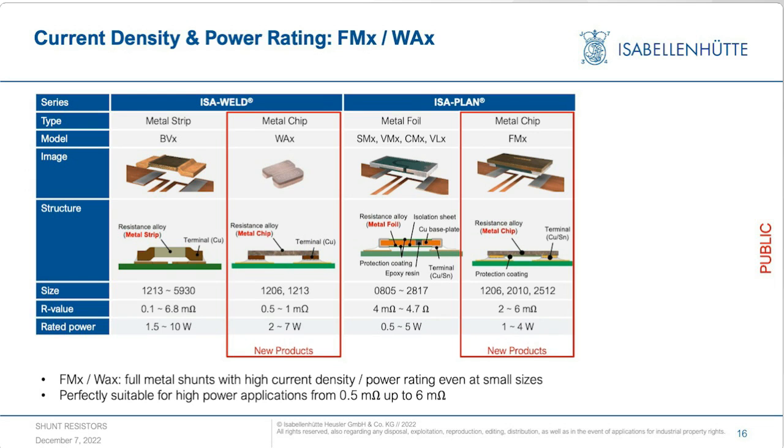The WAX series is a 1206 and a 1213 component, which is available in 0.5 and 1 milliohm, and which is made out of full material. In contrast to the BVX series, which has a copper connection left and right to the resistance material, for the WAX series, the copper connection extends to the bottom, thus to the PCB side of the component.